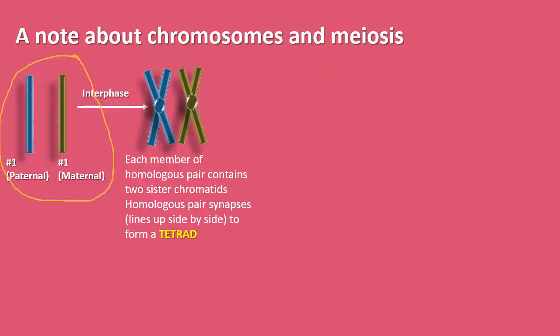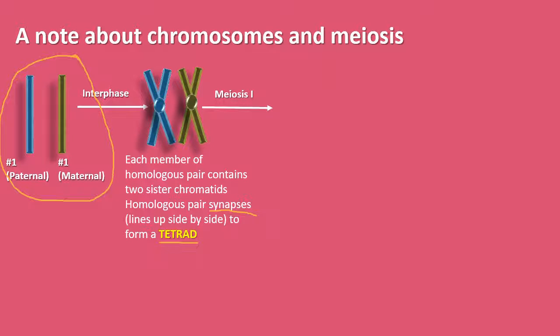So you end up with duplicated chromosomes that have 2 sister chromatids held by a single centromere for each chromosome. During the very first stage of meiosis, these 2 homologous chromosomes line up very close together and form what are called synapses, and we're going to talk about that shortly. When they line up, they're so close together that under a microscope it looks like one structure, and that structure is called a tetrad.